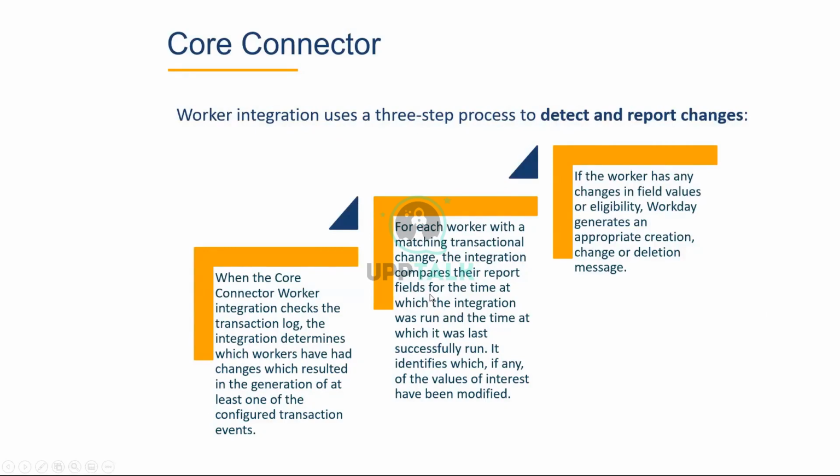The integration compares the report fields for the time at which the integration was run and the time it was last successfully run. It looks at the time window between the last successful run and when it is being run now. It identifies which, if any, of the values of interest have been modified. If the worker has changes in the field values or eligibility, Workday generates an appropriate creation, change, or deletion message.